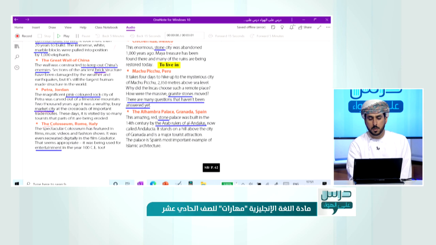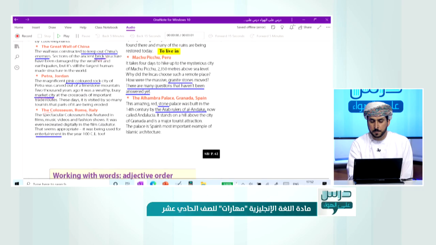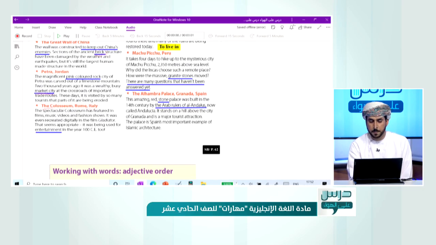Machu Picchu in Peru. Machu Picchu is the name of the place and Peru is the name of the country. It was built of granite stones, and actually there was no accurate answer to the question, why did the Incas choose such a remote place to build the city there. So there are still such questions that haven't been answered yet. So we don't have an answer for this question, the reason.